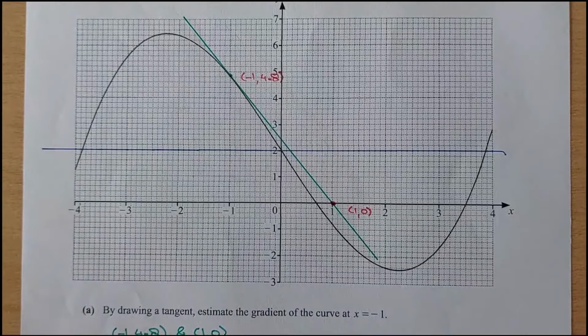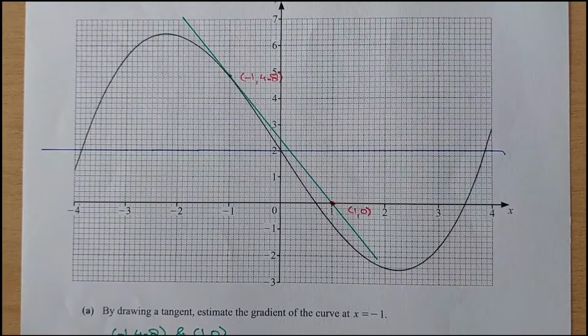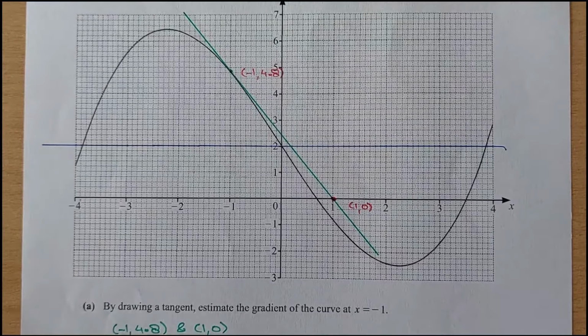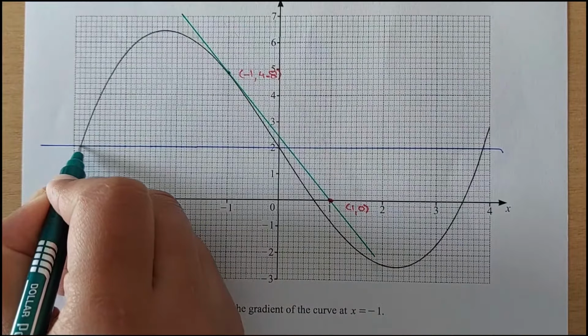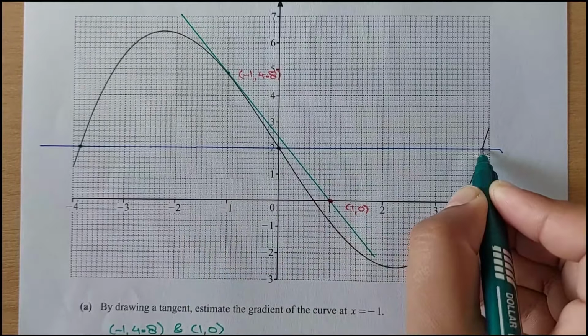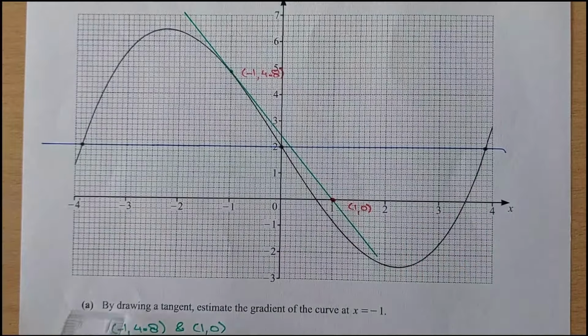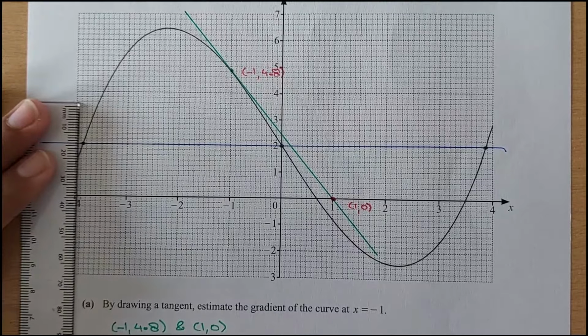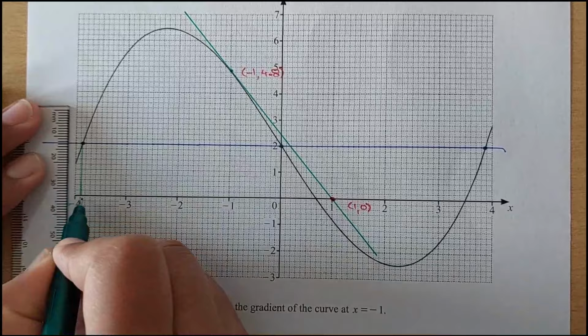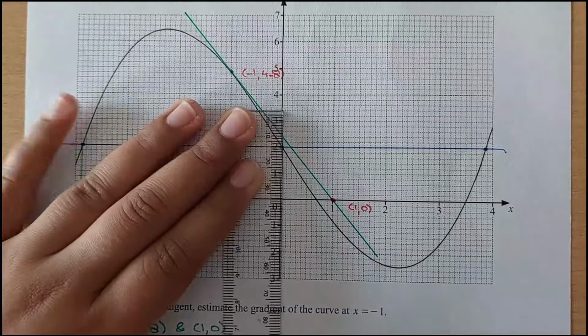Now we need to find the solutions, right? The solutions are the points where the curve touches the line, at 1, 2, and 3. So we have three solutions, the three x values. Here the x value is 3.9.